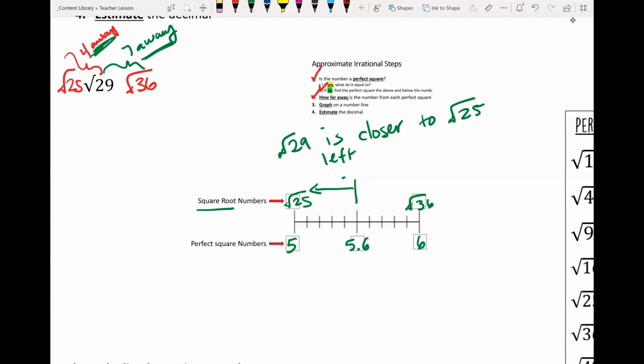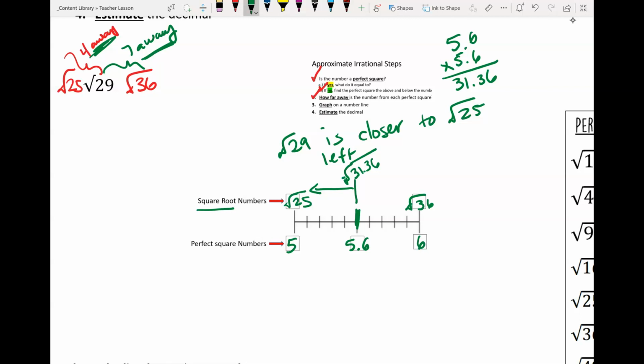Now, do I know how close? Well, you could do the square and estimate what this one is. 5.6 times 5.6 equals 31.36. So if that's the square root of 25, this right here will be the square root of 31.36.